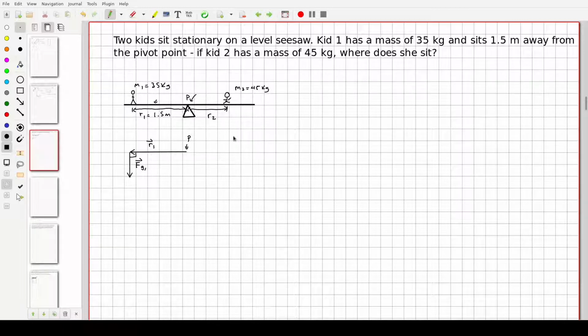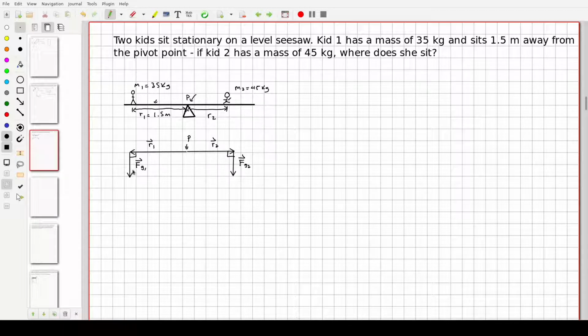Okay. Now let's take a look over here at kid 2. Here's another R like this. This is R2. And this is FG2. Again, level means 90 degrees.